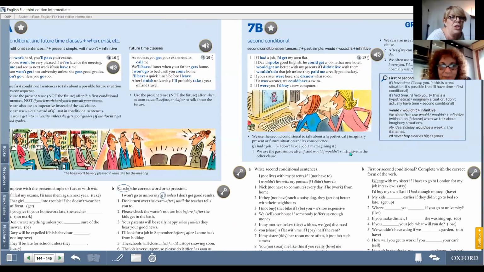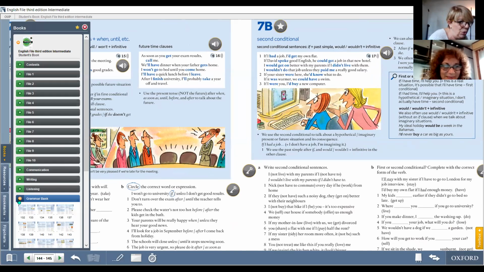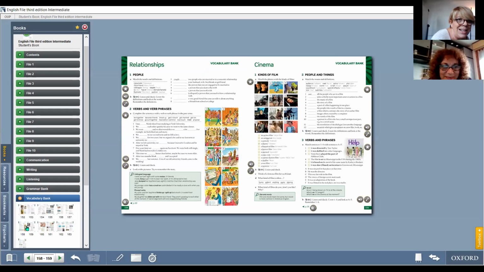So we could watch the second conditional, but I think that for today, grammar is enough. Because I love grammar, but not all people do. And anyway, we have to make something different, because otherwise we also get bored and it's too strong. And I want to see something with vocabulary.